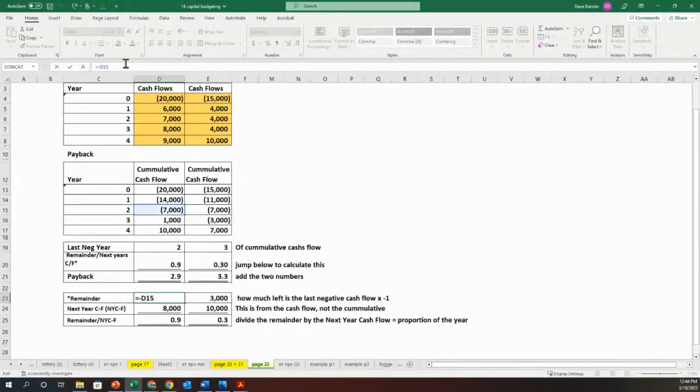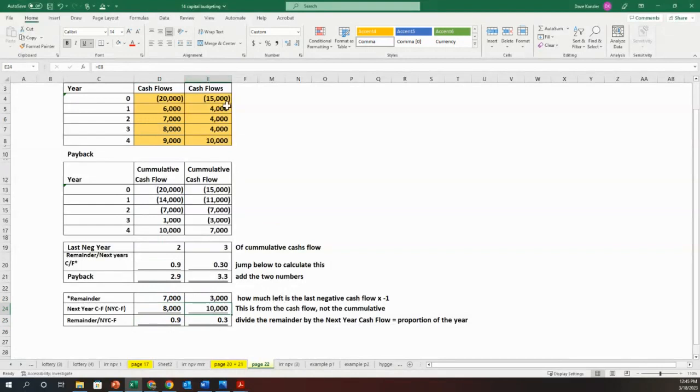So minus the last year of negative cumulative. Okay, and then we take the next year's actual cash flow. So the last year of negative was year 2, we pick up the next year of actual cash flow, which is year 3, 8,000.